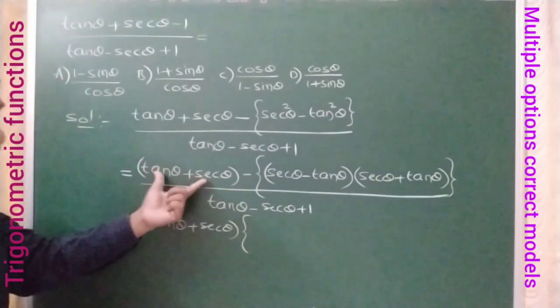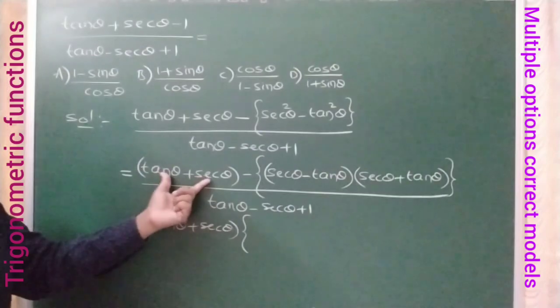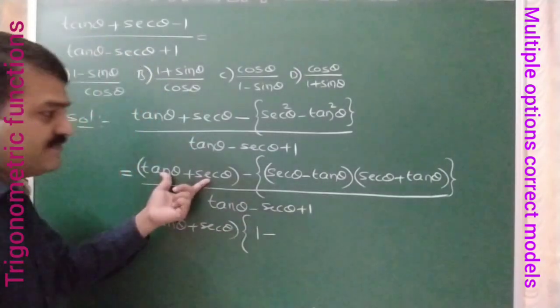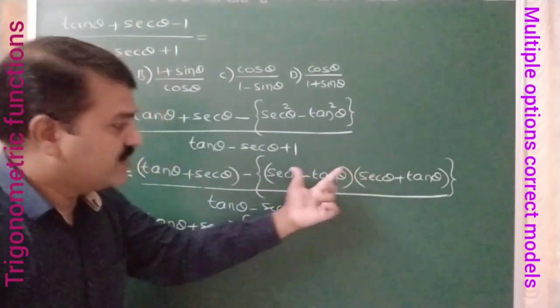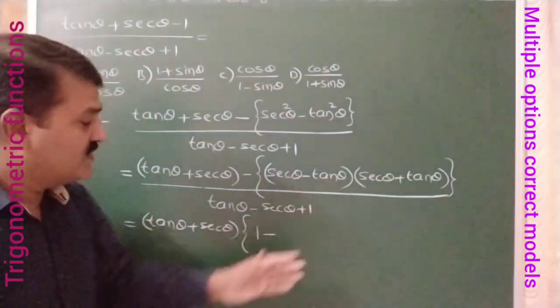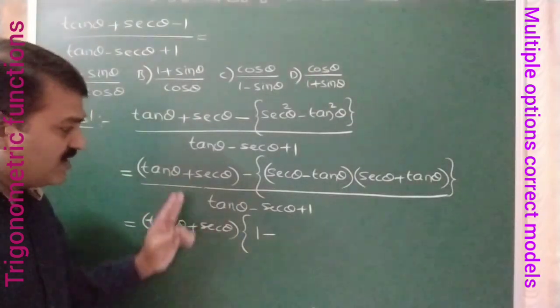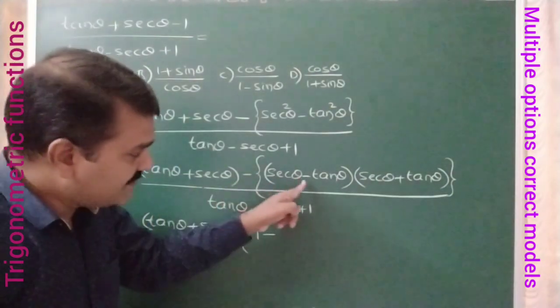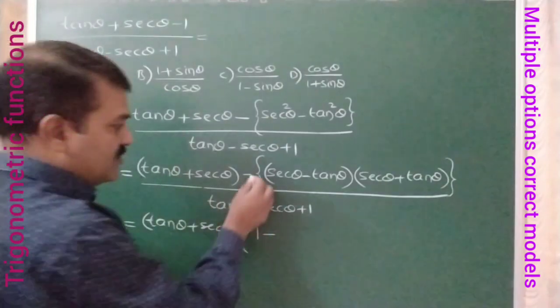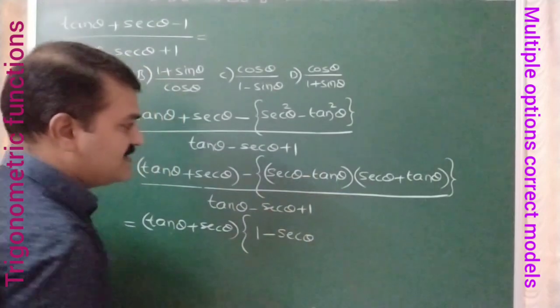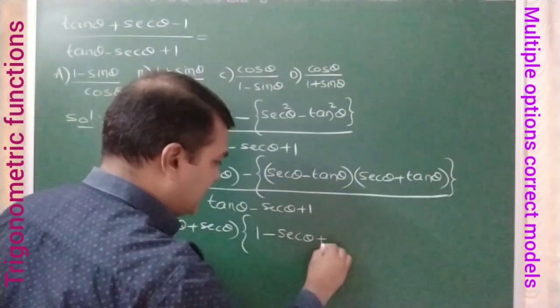So in the first term nothing is there, 1 minus of, so if this is taken common, obviously this will be left. So 1 in the first term, after taking common, 1 minus of secant theta minus tan theta. So 1 minus of secant theta minus tan theta means 1 minus secant theta plus tan theta.